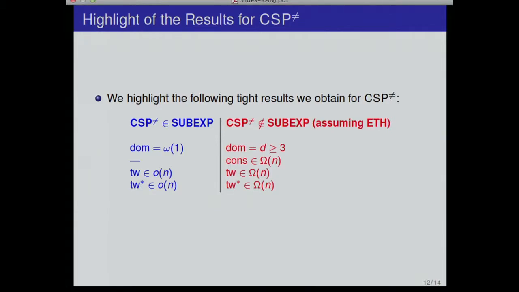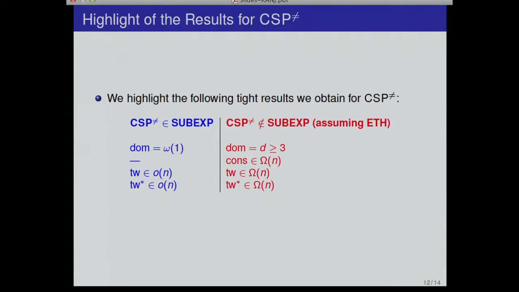Now, if the number of constraints is linear, it's not in sub-exponential time. In this case, because the domain size is bounded, it doesn't make sense to consider the number of constraints to be sublinear, because if the domain size is bounded, then the arity is bounded, because you're looking at all different, which implies that you need a linear number of constraints to account for all the variables in the instance.